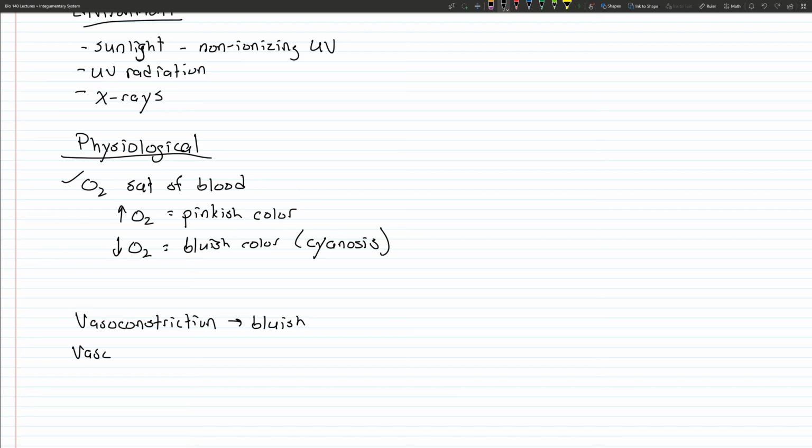Vasodilation is going to simulate having too much oxygen in the blood. That's going to make you appear pinkish. So if you've ever seen anybody drink alcohol and then their cheeks get red, a blushing of the cheeks, that's because the alcohol is causing a dilation of those vessels in the face, and it's causing more blood to get near the surface of the skin, so they have a reddish appearance.